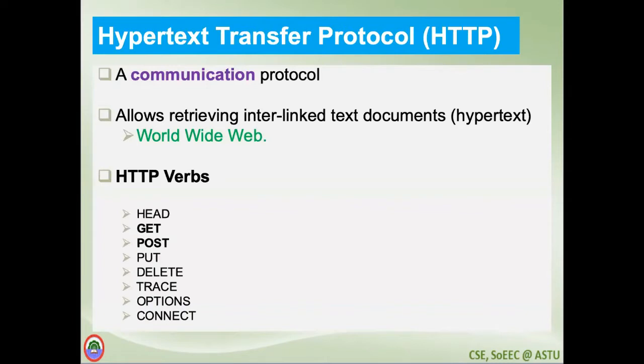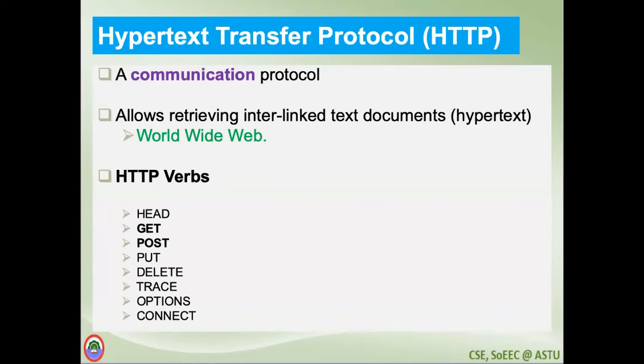If we recap the capabilities of HTTP, there are some methods: the get method, post method, put method, delete method, trace, options, and connect. These are the operations that you can perform by using the HTTP protocol. Get is basically used to read particular content.